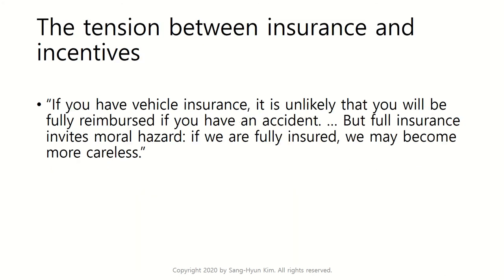All right, and then we move on to the specific topics. The first topic that the document is discussing, and also the first topic that we'll discuss in this semester, is the tension between insurance and incentive.